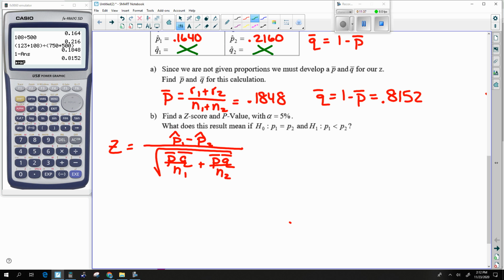How I begin this one is I begin with the fractions on the inside of the denominator.